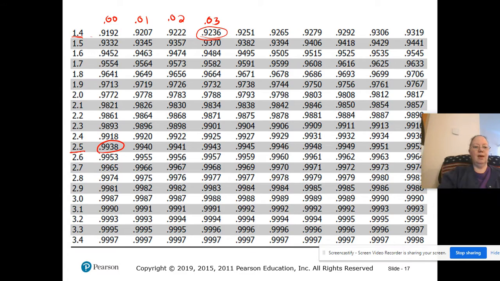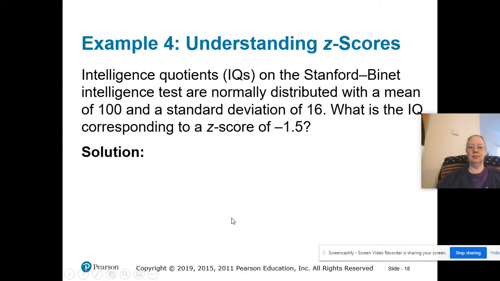So that right there, what a z-score table tells us is that approximately, a little over 99% of all babies have a birth weight of less than 9 pounds. Okay, remember it's always less than, it's always lower. So 99% of all babies born weigh less than 9 pounds. Actually, it's 99.38%.